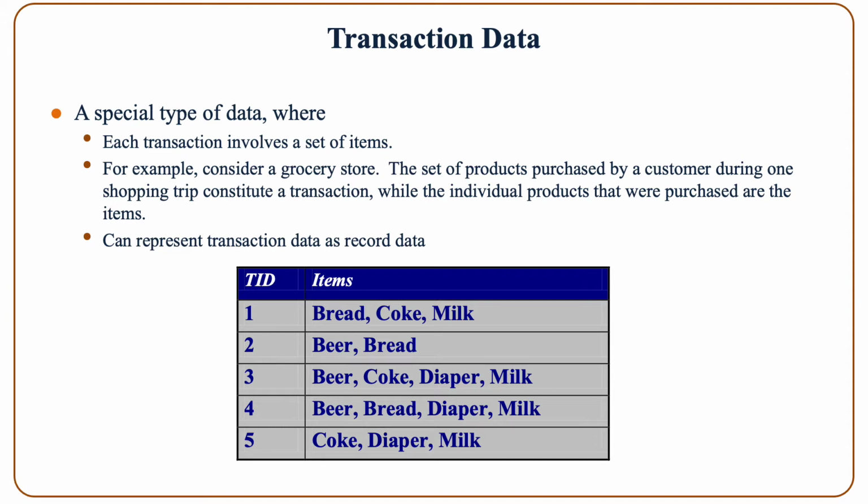As an example, here we have 5 different transactions, and each transaction may have multiple items. So for example, transaction 1 may have bread, Coke, and milk. Transaction 2 may have beer and bread, etc. And those transactions could be by multiple different customers.